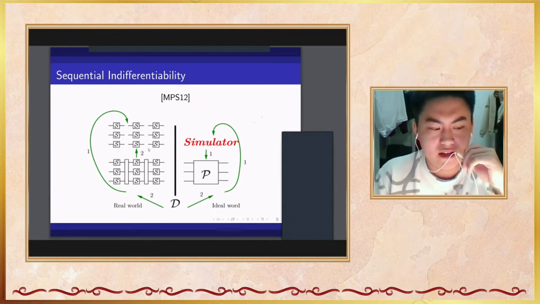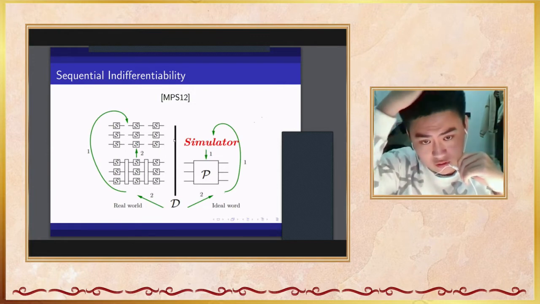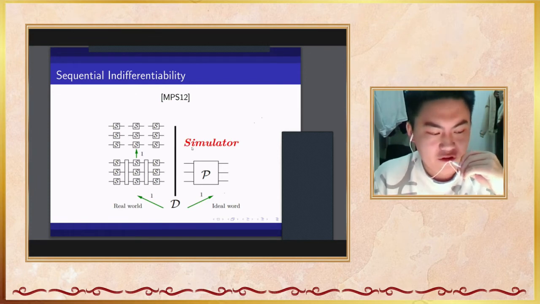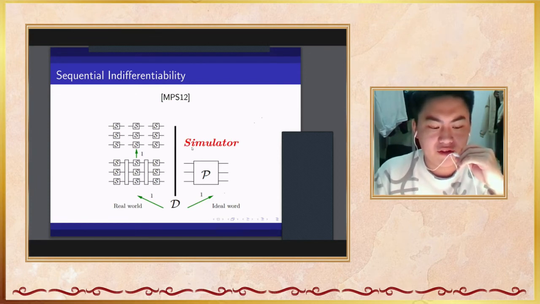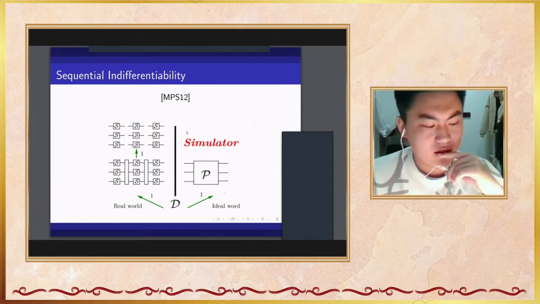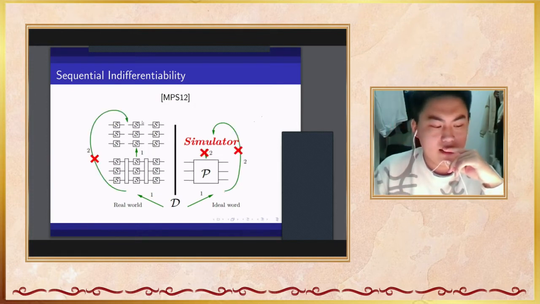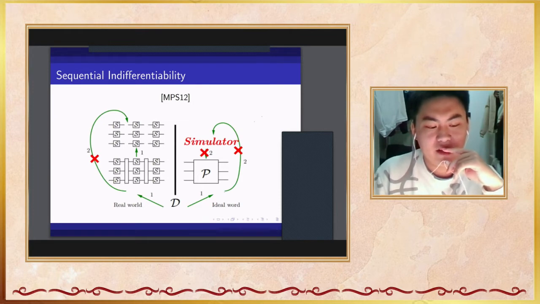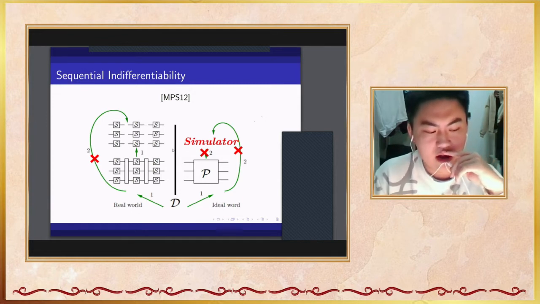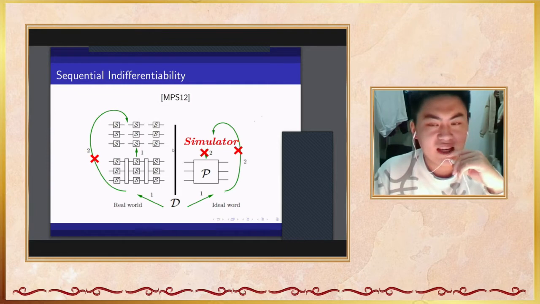In this situation, the distinguisher could not just query this part. However, if we change the order of queries, the situation will be different. If the distinguisher first queries the construction, then the distinguisher could not query the other primitive anymore. It could just query this part. Because we restrict the query order of the distinguisher, it is weaker than full indifferentiability.